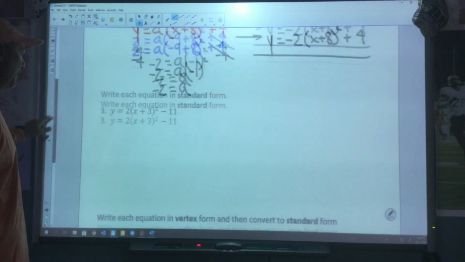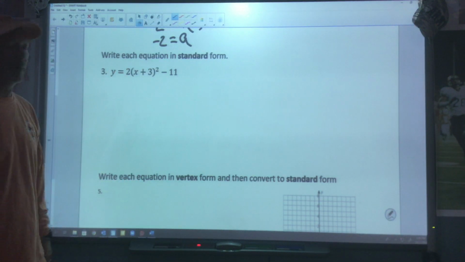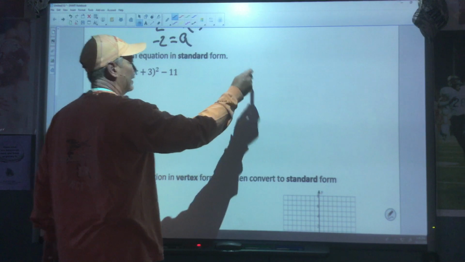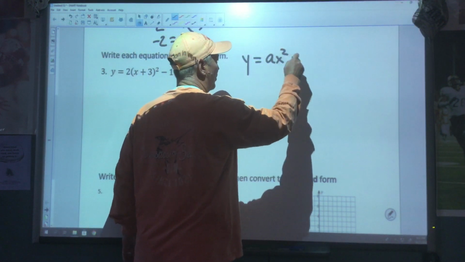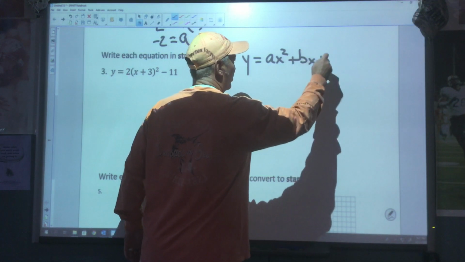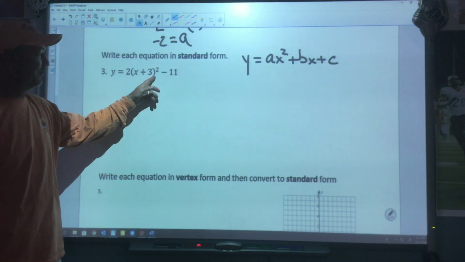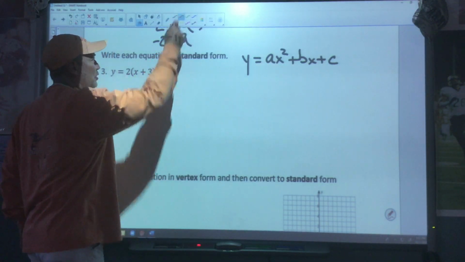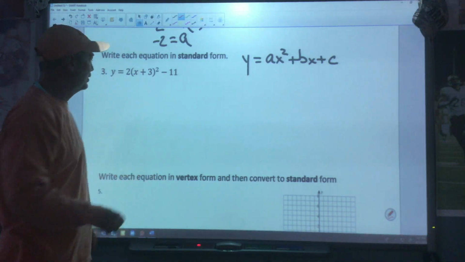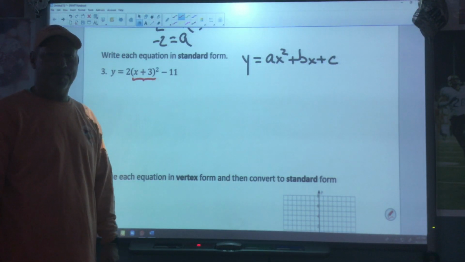Moving along. They're going to ask you to write the equation in standard form. Standard form looks like this: y equals ax squared plus bx plus c. So we have to convert vertex form to standard form. Because of our order of operations, the first thing I'm going to ask you to do is attack that part right there.